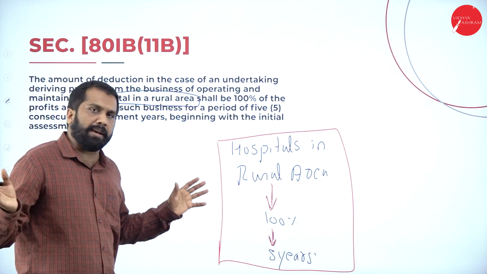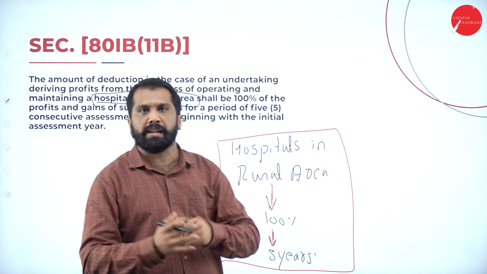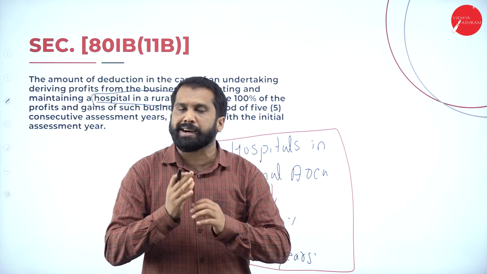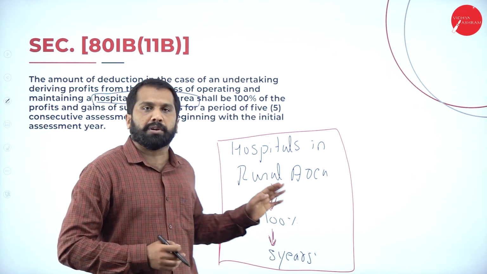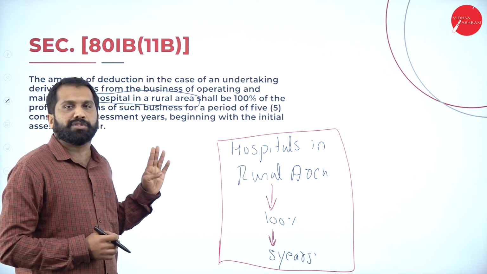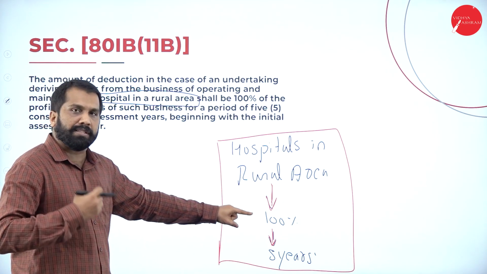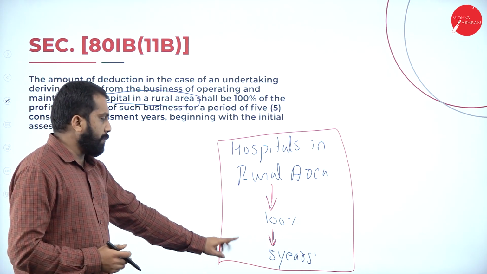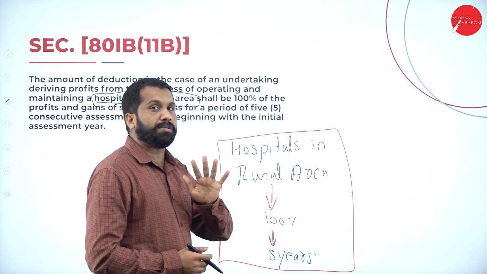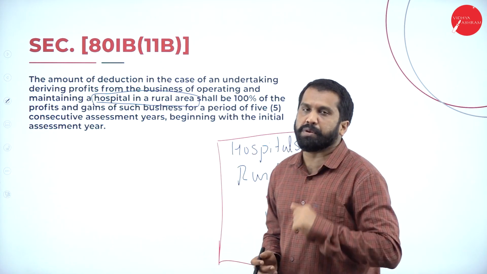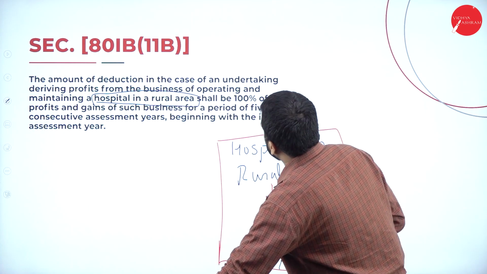Then every doctor goes to rural area. To promote hospitals in rural area, the government has given this exemption. So, hospitals in rural area get up to 100% deduction or exemption for how many years? 5 assessment years, 5 years. Hope you are clear. Good.